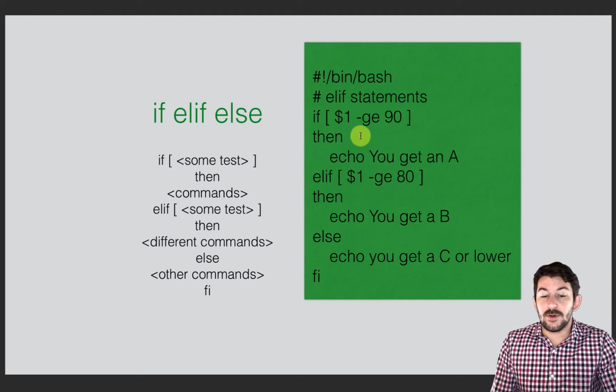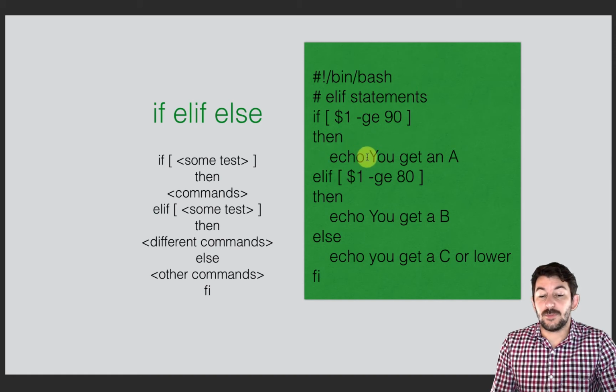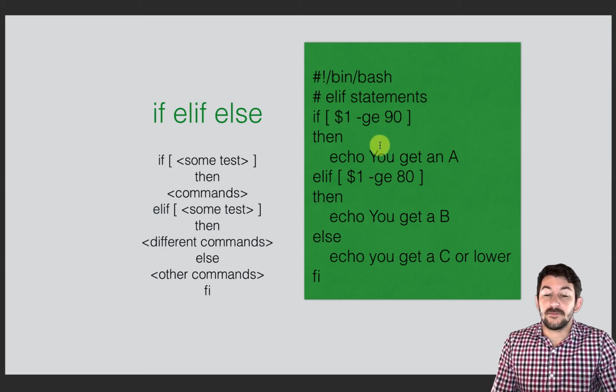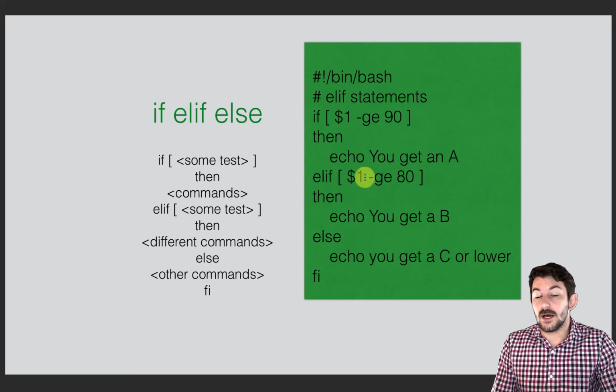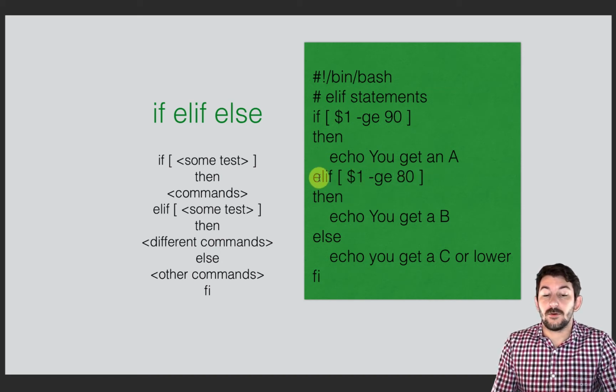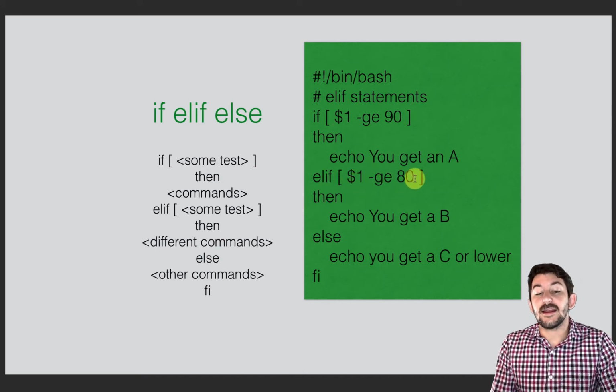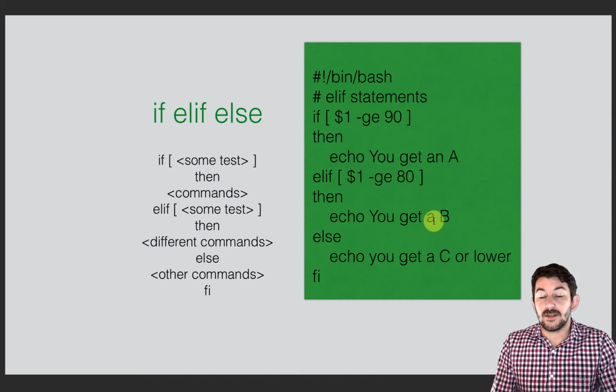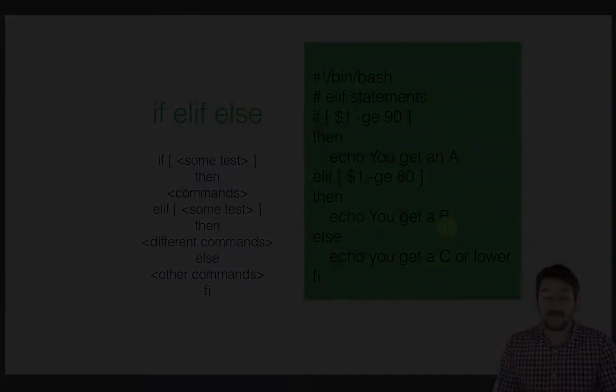So here we fork once and things that are 90 or greater follow down this path where they echo, you get an A. Everything lower than 90 will filter down and now be asked another condition question. So else if your variable is greater than or equal to 80, then you echo a B. Else, basically if you were false to both of these in a row, both levels, then you would echo, you get a C or lower.